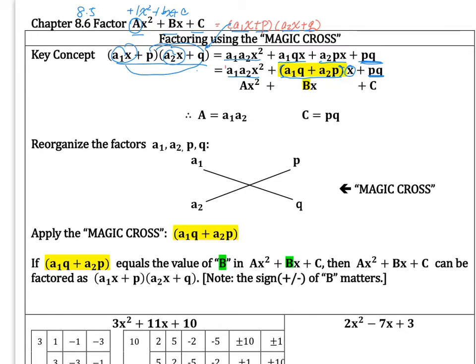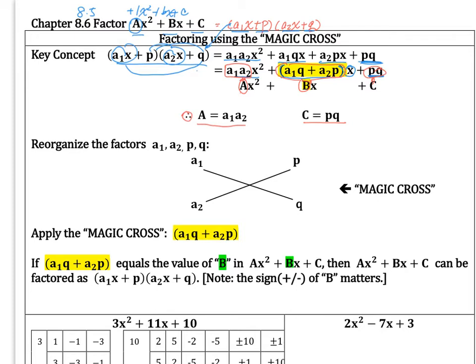Now we can refer a1 times a2 to the coefficient a here, and a1q plus a2p to the coefficient b, and p times q would be your c. So therefore, your a would be equal to a1 times a2, and your c will equal to p times q.